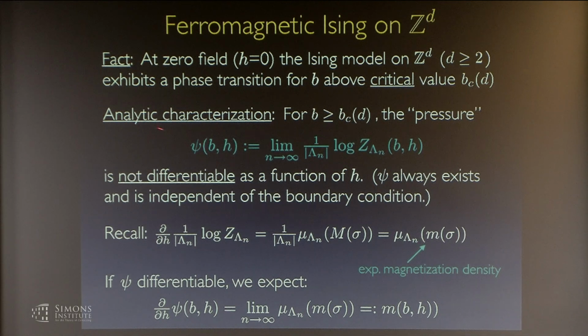So if this is differentiable, what we'd expect is that its derivative exists. And then if we're lucky, we can interchange the derivative and the limit, and we should get that the derivative is equal to the limit of the magnetization density, which I'll call m of b,h. So this condition is really saying that the observable m, the magnetization, behaves nicely in the limit.